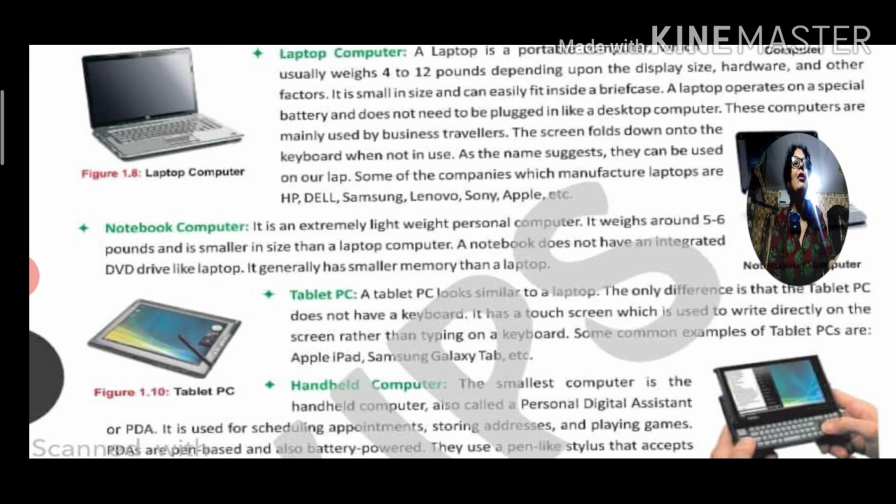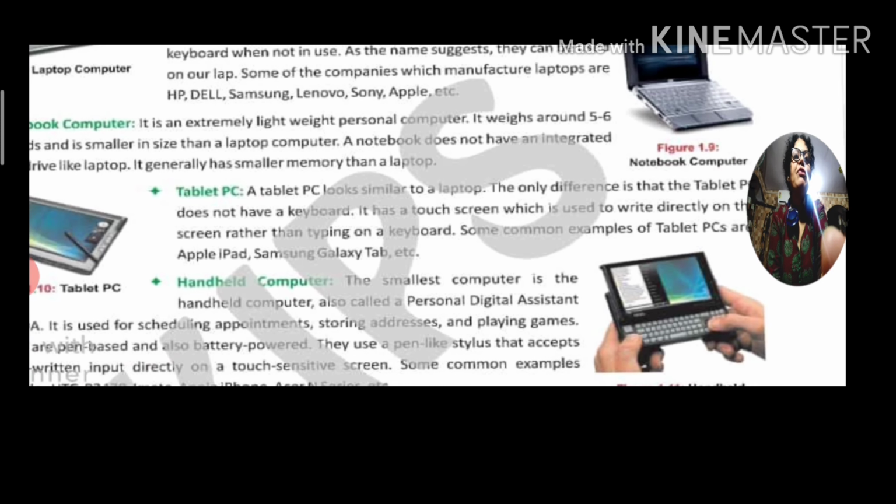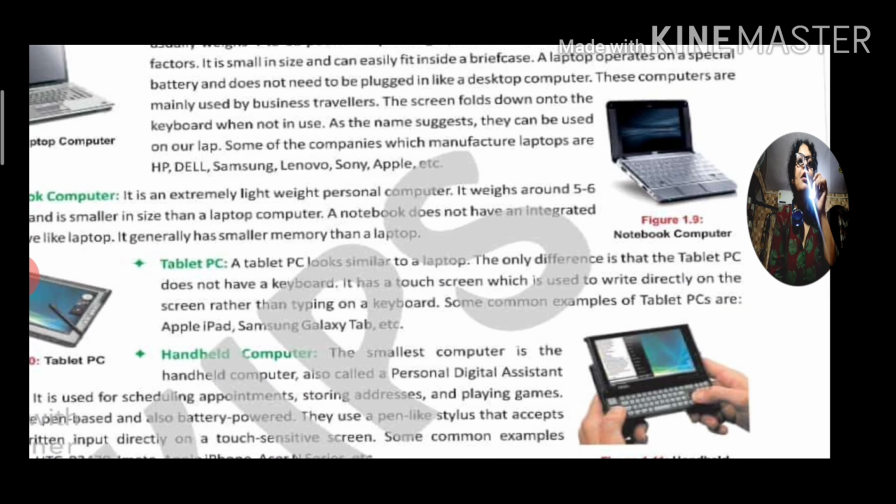What are tablet PCs? A tablet PC looks similar to a laptop. The only difference is that the tablet PC does not have a keyboard. It has a touch screen which is used to write directly on the screen.